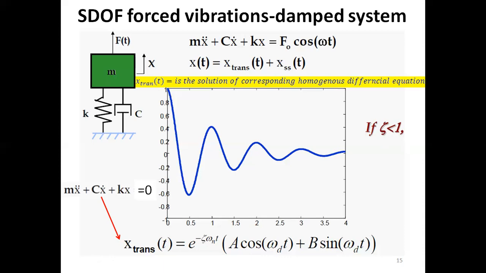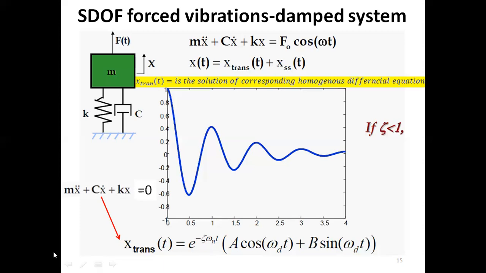Initially, we have to assume that we have an underdamped system and zeta is less than 1, so the solution of this differential equation would be represented by this mathematical model. In this model, this is the exponential decay, which is eating whatever is growing here, where zeta is the damping ratio and omega n is the undamped natural frequency.